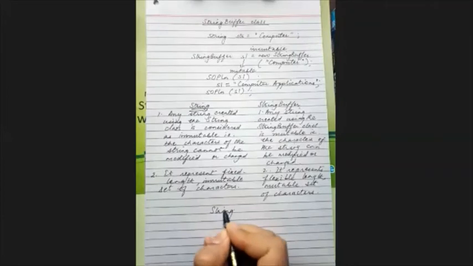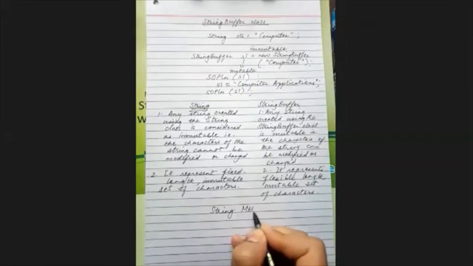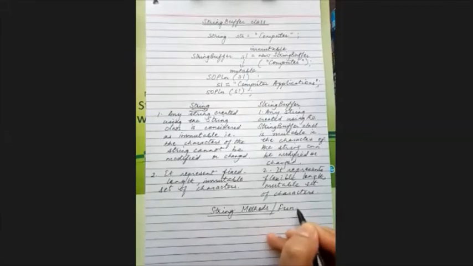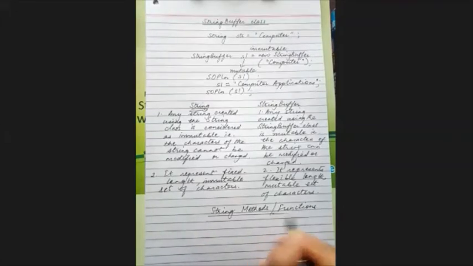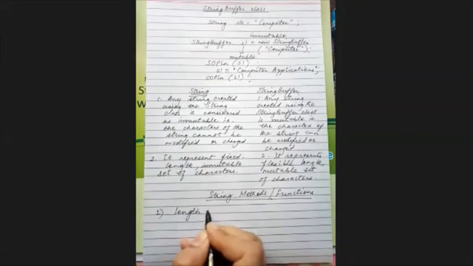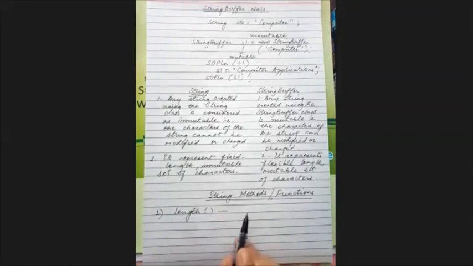Yes, ma'am. Now we come to string functions or string methods. There are various methods or functions which are given to us by Java to operate on strings. First is the length method. We have discussed this last time. Length. Write here.